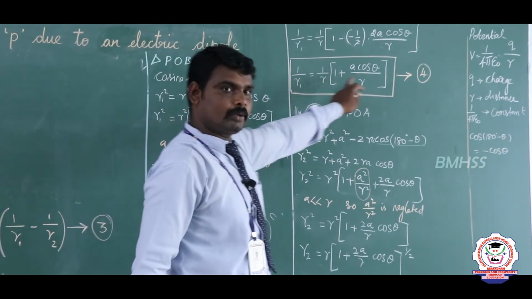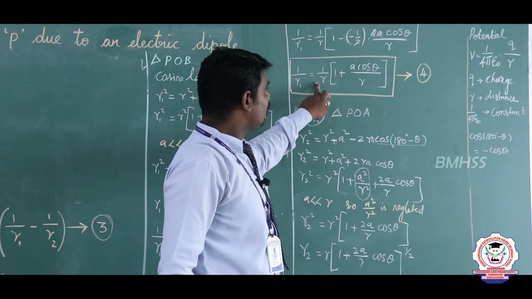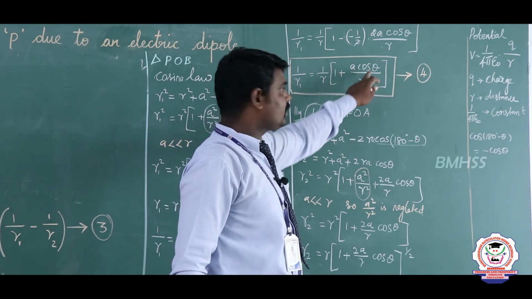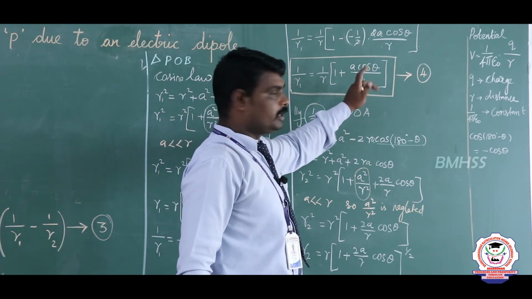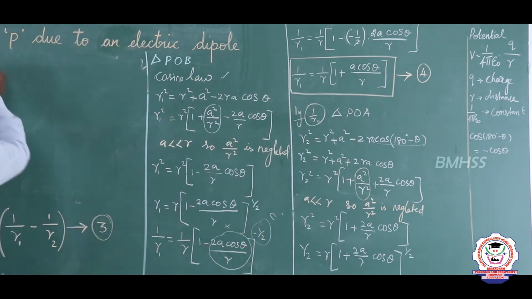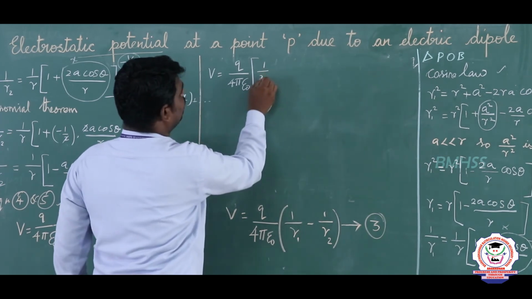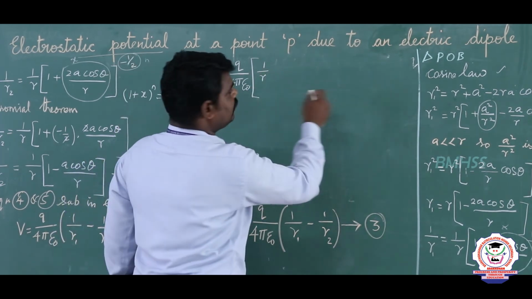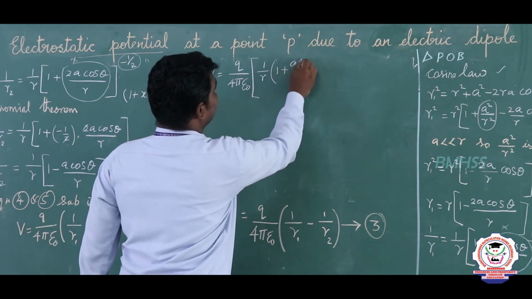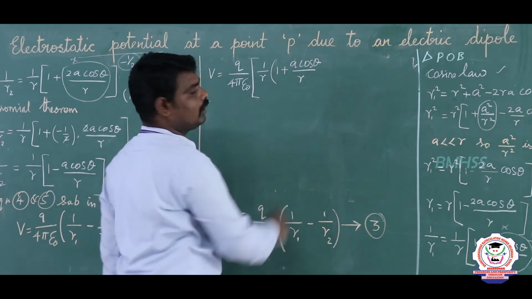So this is equation number 4: 1 by R1 is equal to 1 by R into 1 plus A cos theta by R. Substituting equation 4 in 3, the 1 by R1 value you can write as 1 by R into (1 plus A cos theta by R).